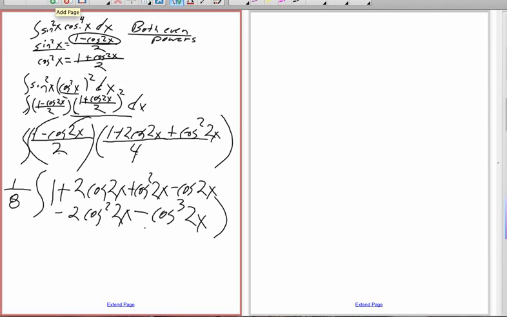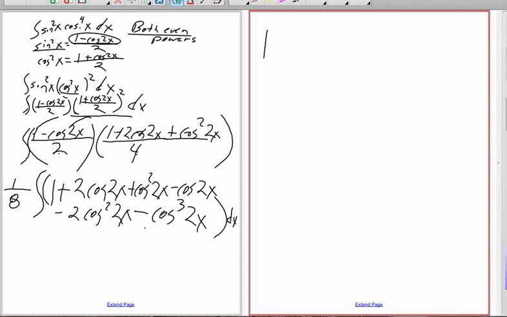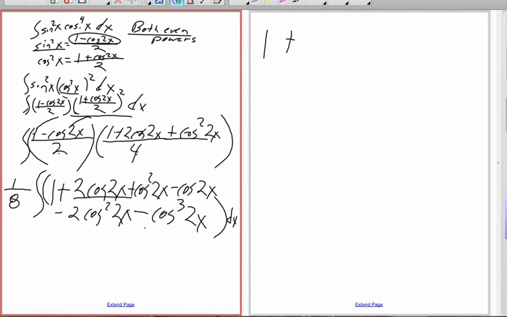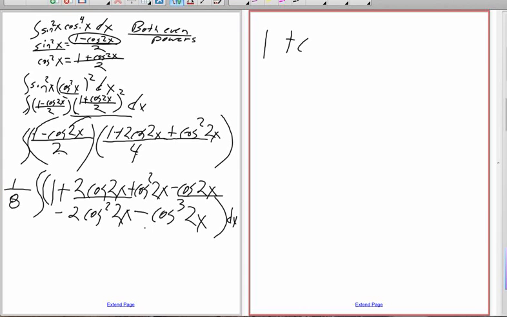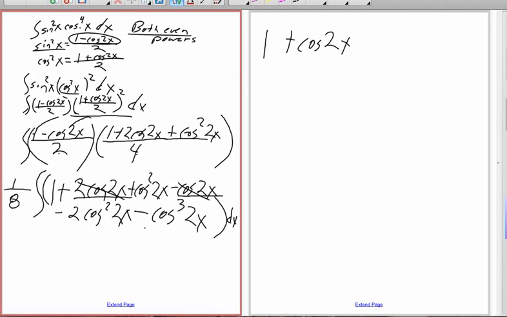All right, dx. And then I combine my like terms, so I'm going to have a 1 plus, I've got 2 cosine of 2x's here, and then I minus 1, so that's going to leave me with a cosine of 2x. So those I've done, that one I've done. I've got a cosine squared minus 2 cosine squared.